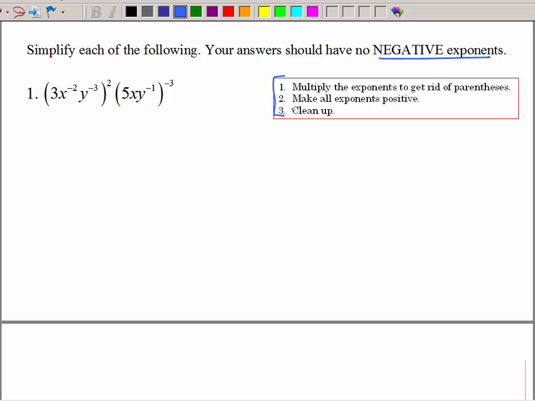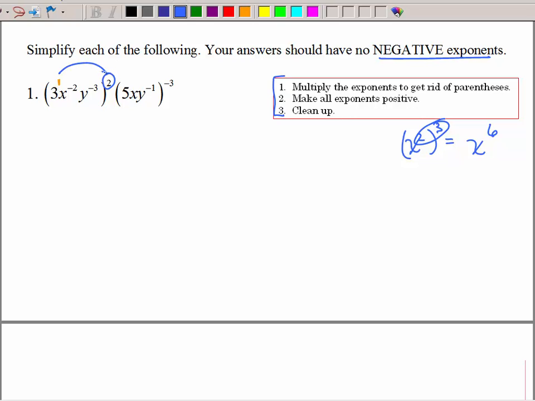If you have parentheses, I'm going to multiply the exponents to get rid of the parentheses, because remember, if you have a power raised to a power, you multiply. If you have x squared to the 3rd power, you keep the base and multiply those exponents. So that's what I'm going to do here. The most common mistake is forgetting that the numbers also have an exponent of 1.